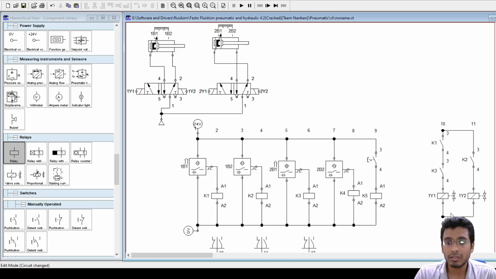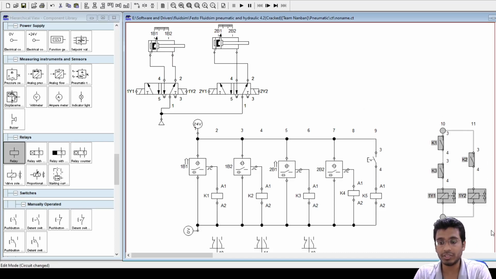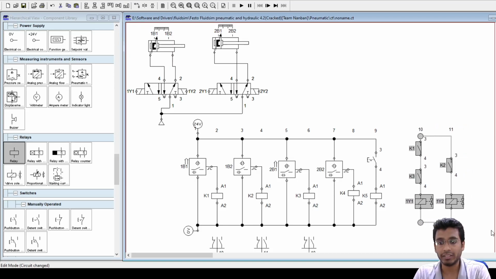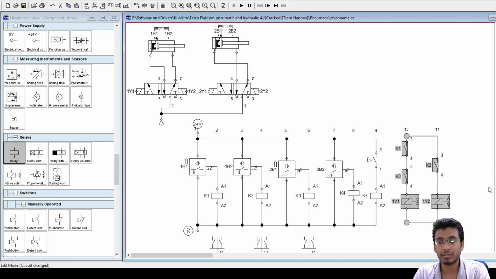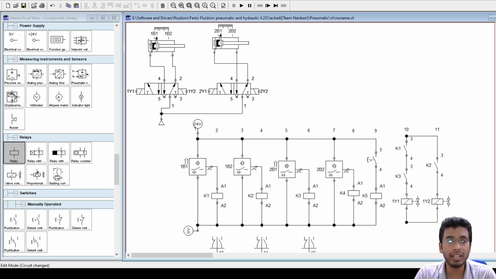Further, now we will come to the final circuit diagram control element. That is your actuation of 1y1, 1y2, 2y1 and 2y2. So what should be the condition for your extension of your cylinder 1A? Cylinder 1A, that is the first cylinder, will get extended by your actuation of solenoid valve 1y1. So what should be the condition for your 1y1 to get actuated?